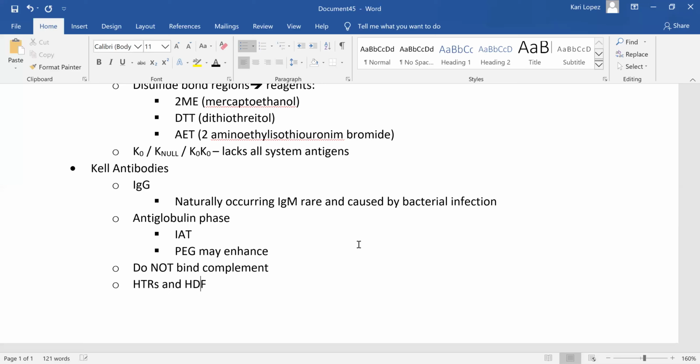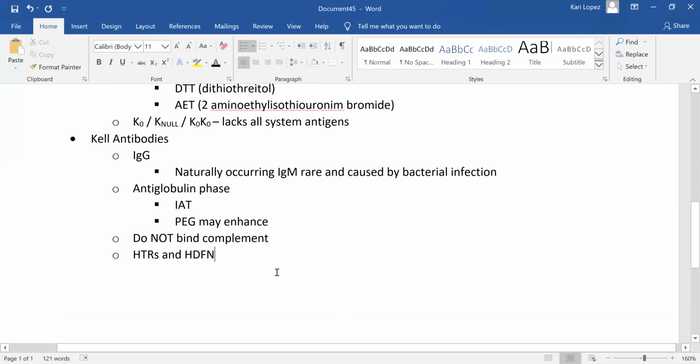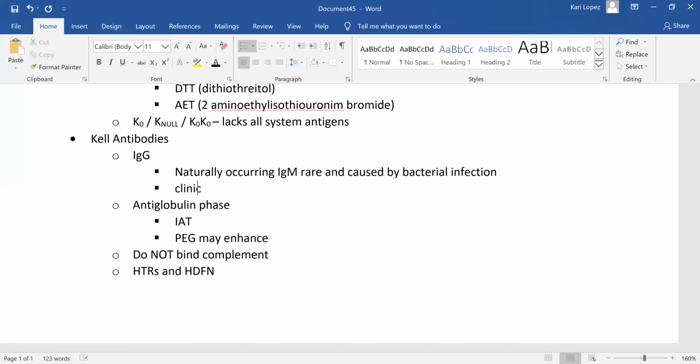And what do those stand for? Which HTR? Hemolytic transfusion reaction. Exactly, yep. And then what's HDFN? Is that the mother and child?